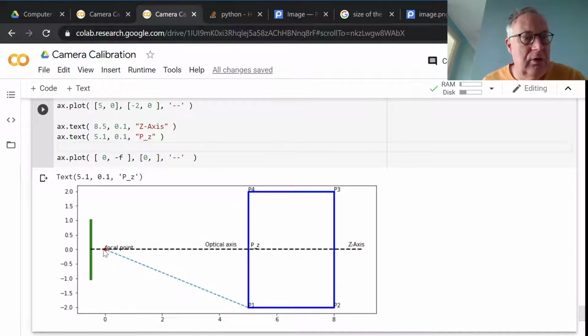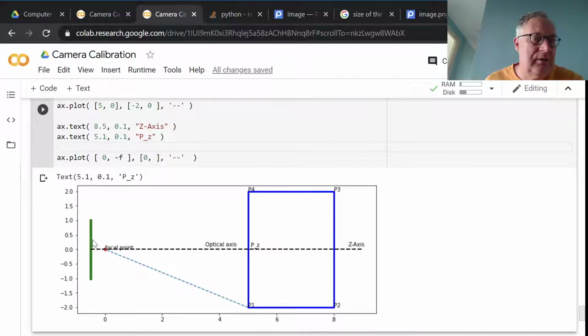Now the ratio of 5 to minus 2, that will be flipped to be positive, so the sign changes.